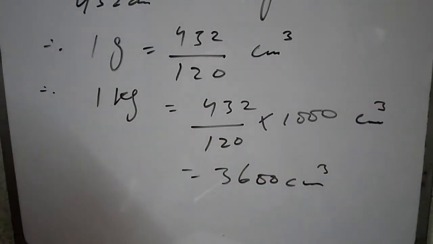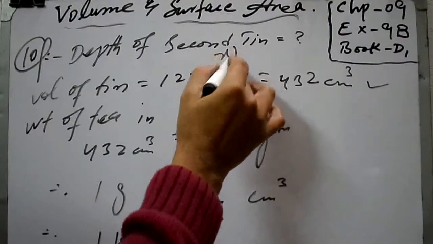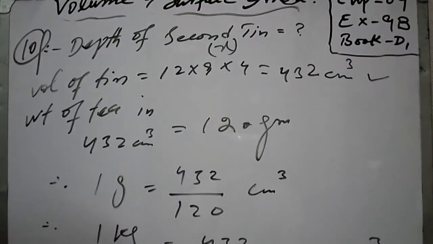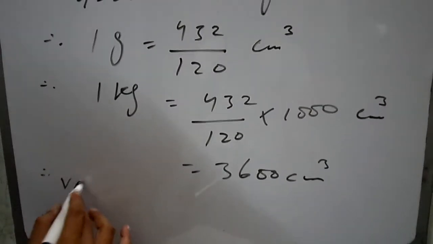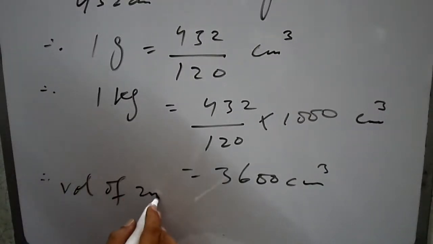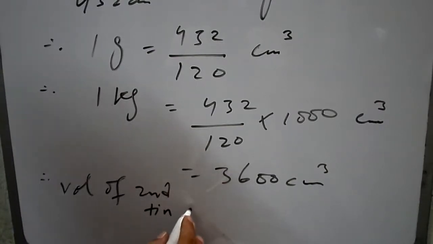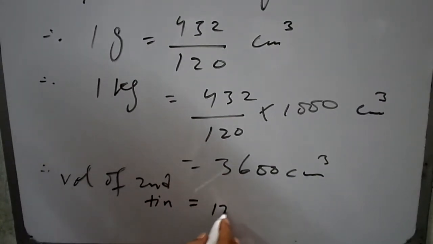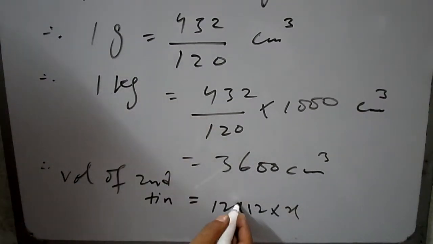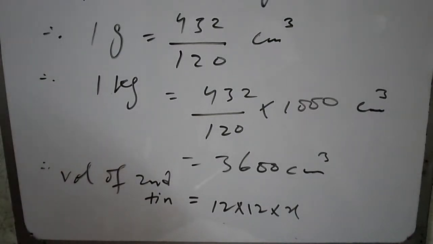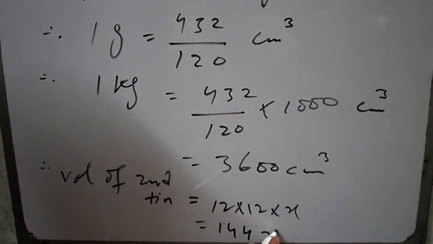So depth of the second tin, suppose it is x, we have to find that. Volume of second tin is equal to 12 into 12 into x, because length, width, height give the volume. After multiplication, 144x.